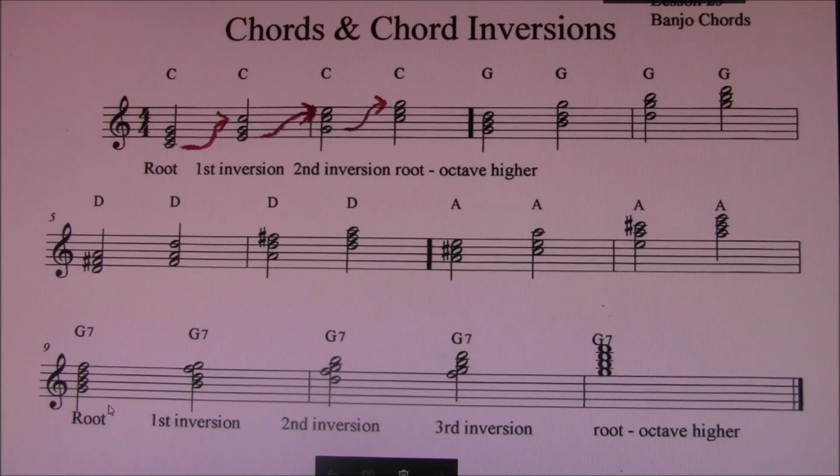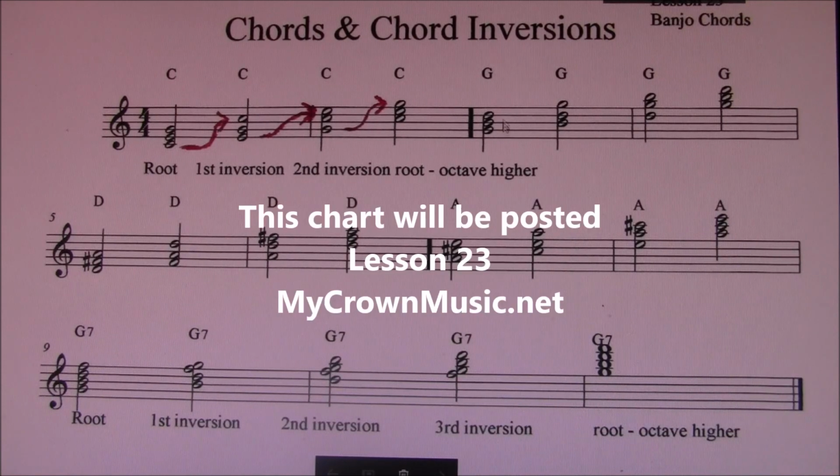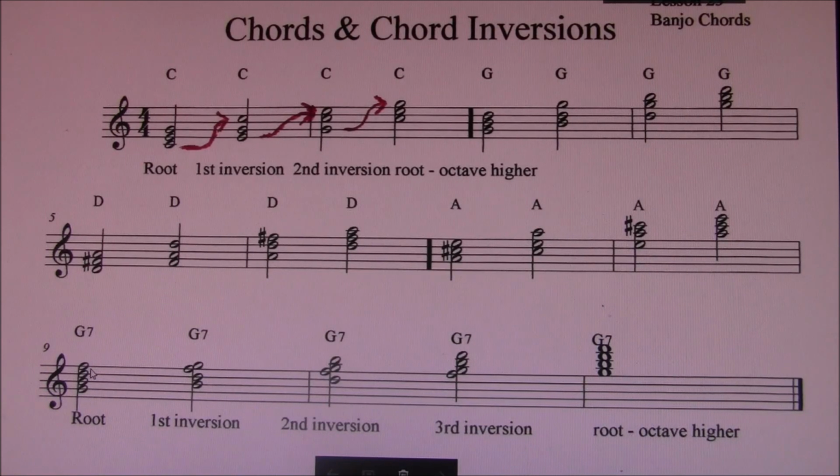It's the same chord as the G chord up here, except that you've added an additional note. Now you have an F. So it's G, B, D, and F. And now you can have more inversions. So you've got the first inversion, second inversion, a third inversion, and then up an octave.